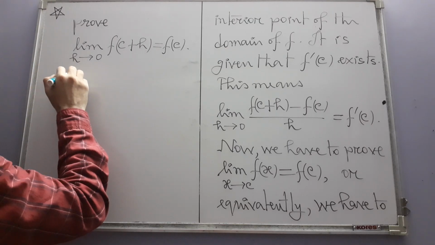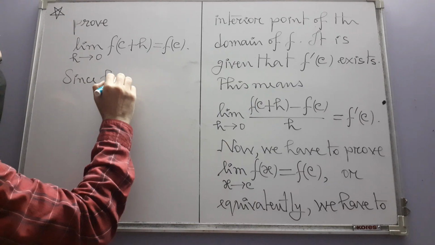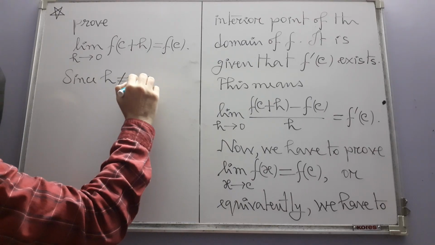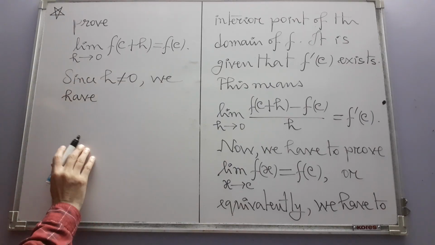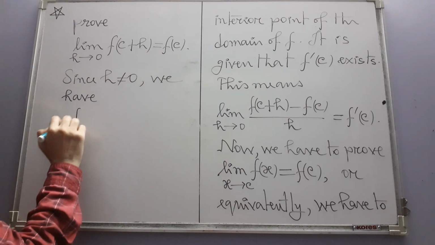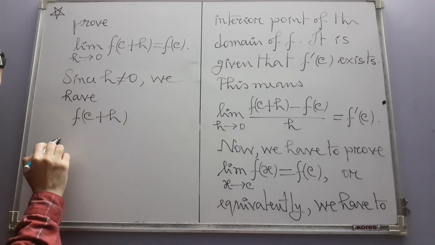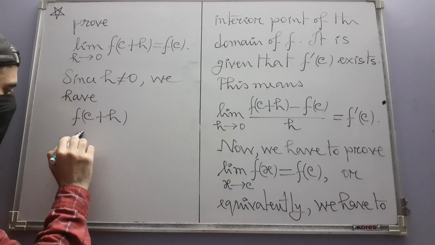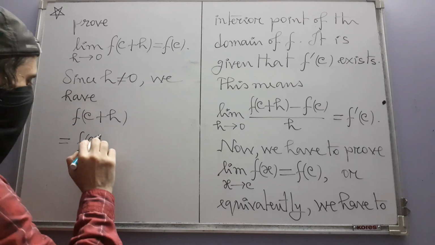So we can write like this: since h is not equal to 0, we have this. f of c plus h can now be modified like this. First of all, what I do, I add and subtract f of c.